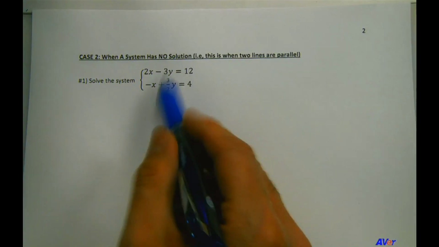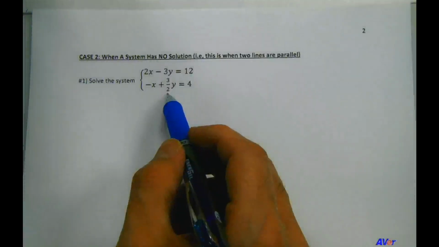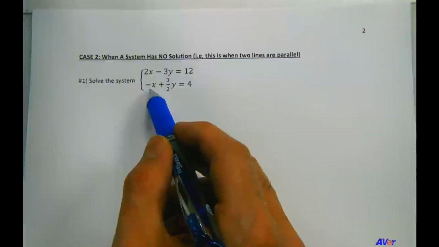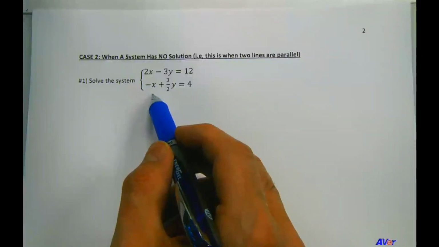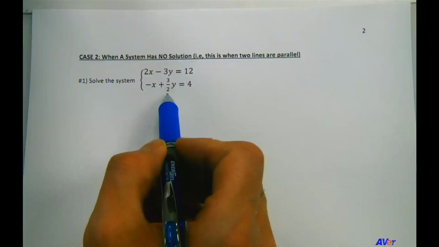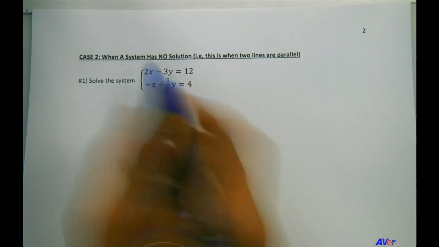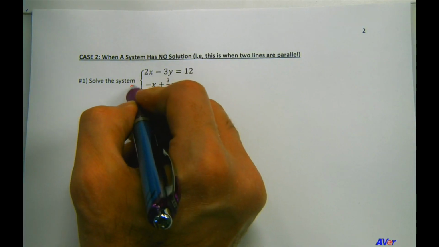So looking at these coefficients, I'm thinking that the easiest variable to eliminate would be maybe the y term, right? Actually, either one. So let's multiply the bottom equation by positive 2.